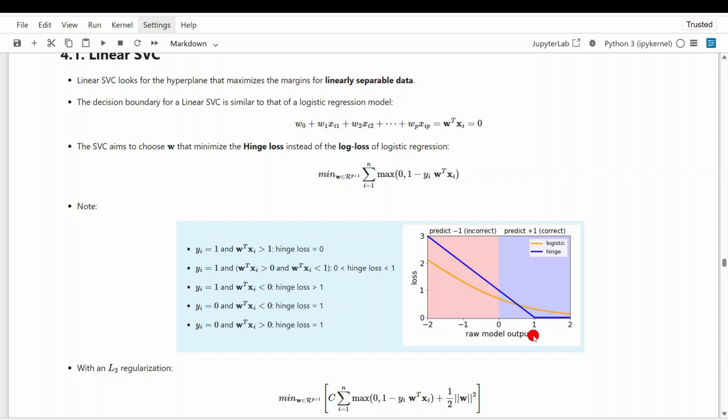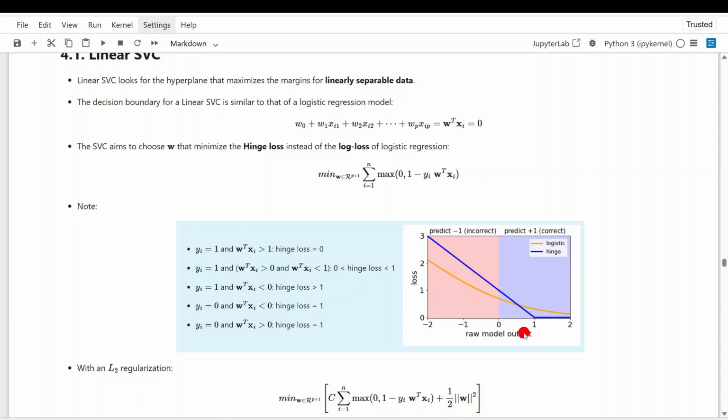But if it predicts a value less than 1, then we will have a loss function which is just a linear function of the raw model output.